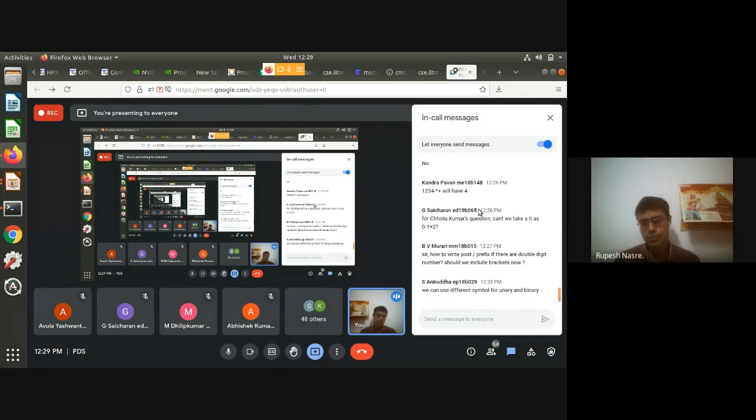Okay. Now let's come to Murari's question, that if there are double digits, how do you represent those? What I have shown are currently just single digits, and therefore I'm just representing it as a string. But if you have double digits, you will require some separator. Either you can use space as a separator if you want to represent it as a string, or you can have the expression written as, let's say, an array of records, rather than as characters.